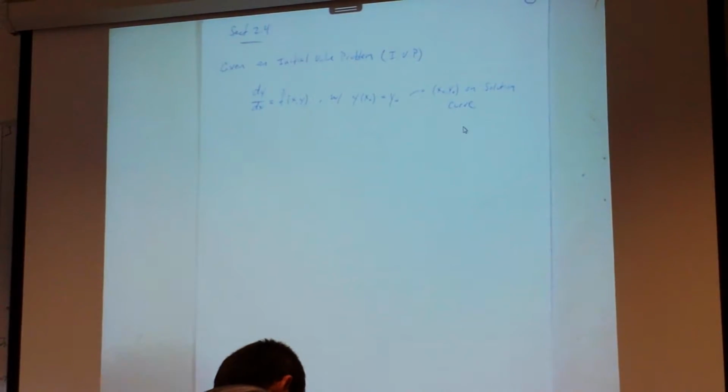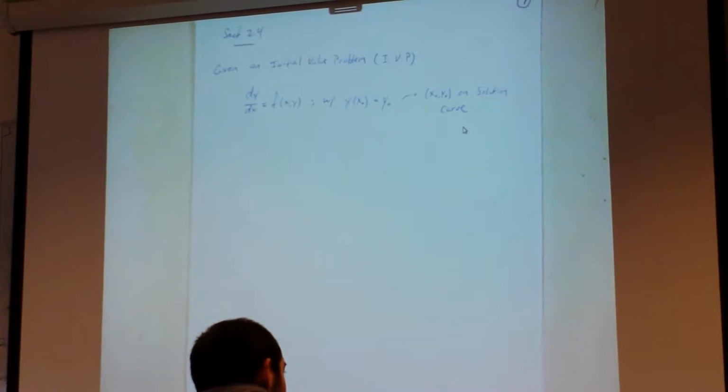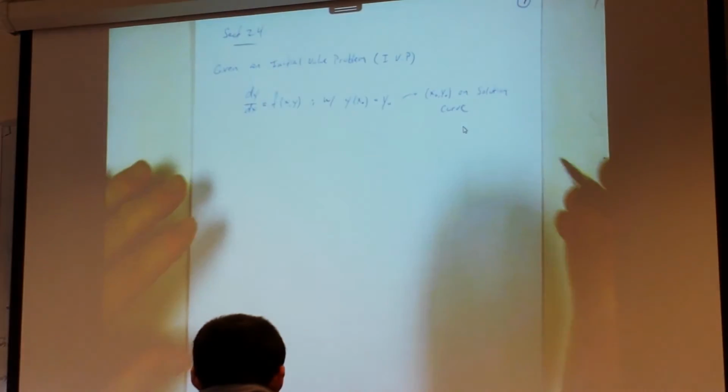Now, we may not be able to solve this, and we do have methods to solve first order differential equations, if it's separable, if it's linear, things like that. Okay? But if it's impossible or very difficult to solve, then we can use the numerical methods.